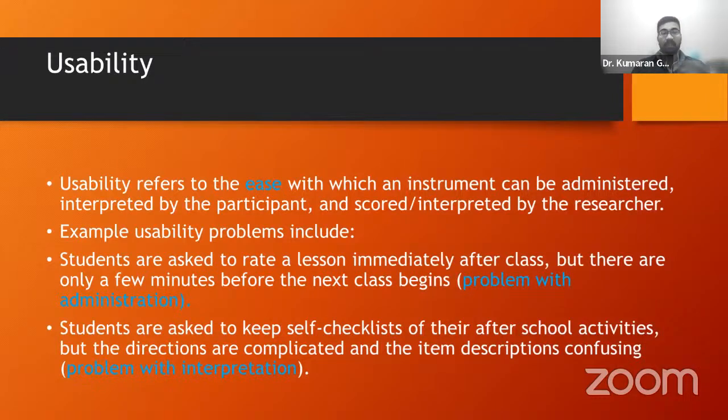And not only that, an example of a usability problem is when students are asked to rate a lesson immediately after the classroom. We also have feedback forms, but they are given only a few minutes before the class begins. This is a problem with the administration. Or students are asked to keep a self-checklist of their after-school activities, but the directions are complicated and the items are confusing.